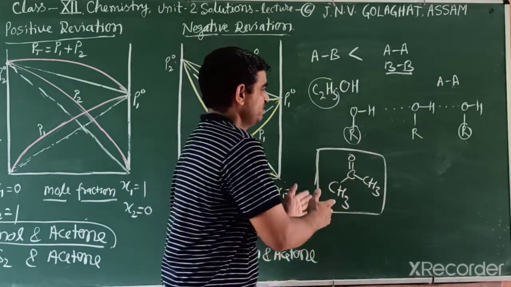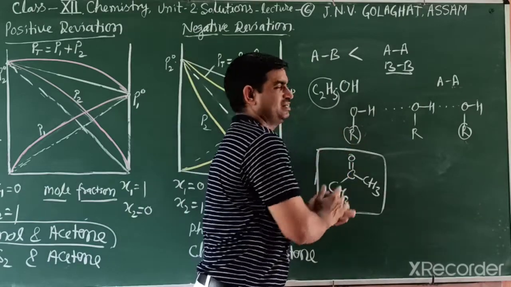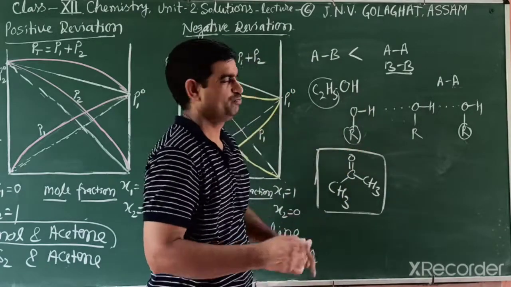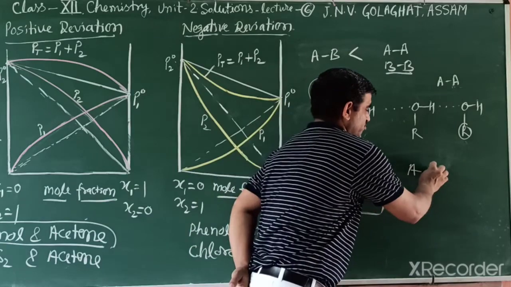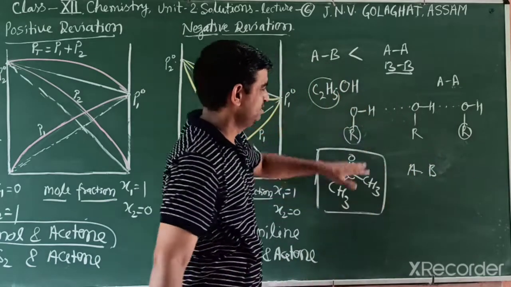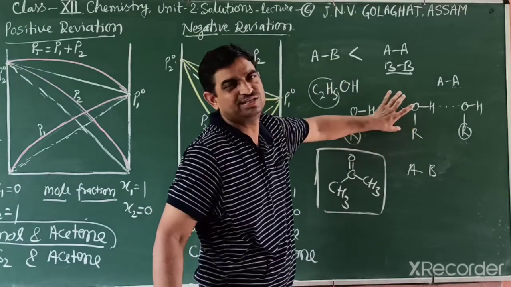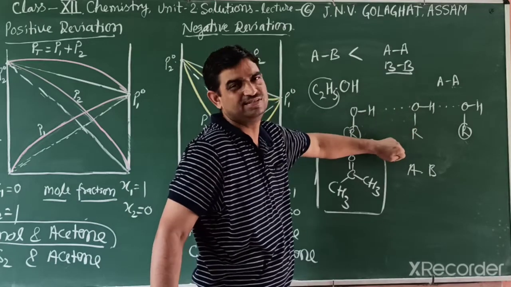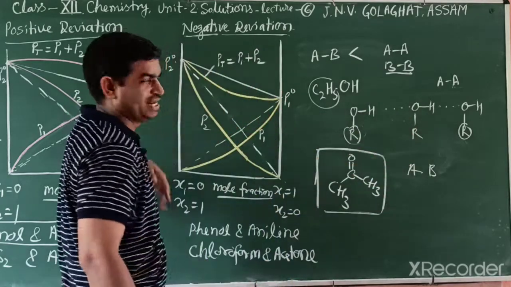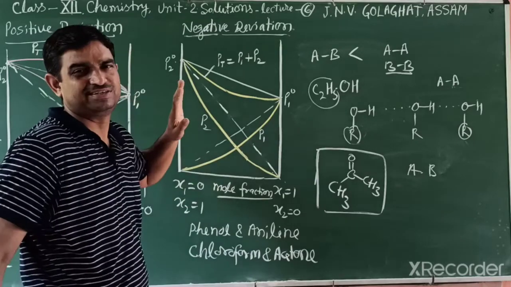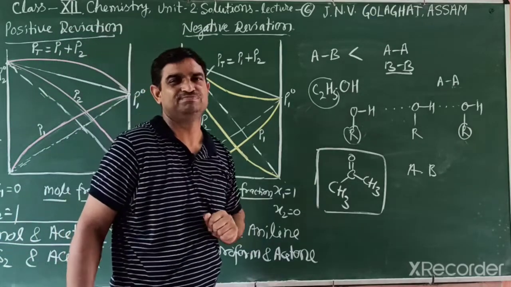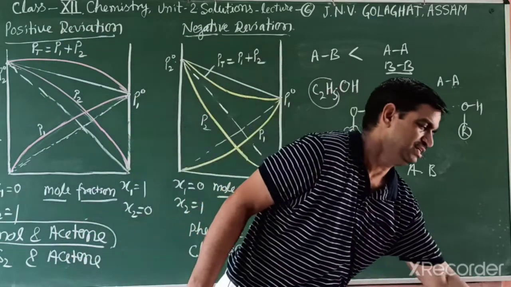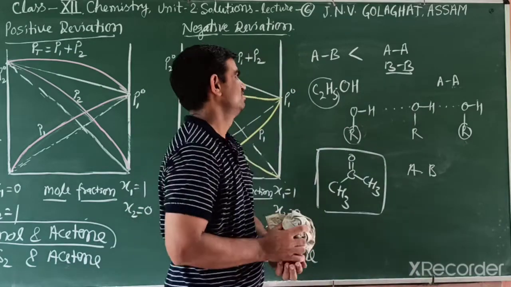When we mix alcohol and acetone, a new bond forms, and that bond is weaker, because the hydrogen bonding is decreased, its strength is decreased, so more molecules evaporate, vapor pressure increases, and so there is positive deviation. Another example is ethanol and water.